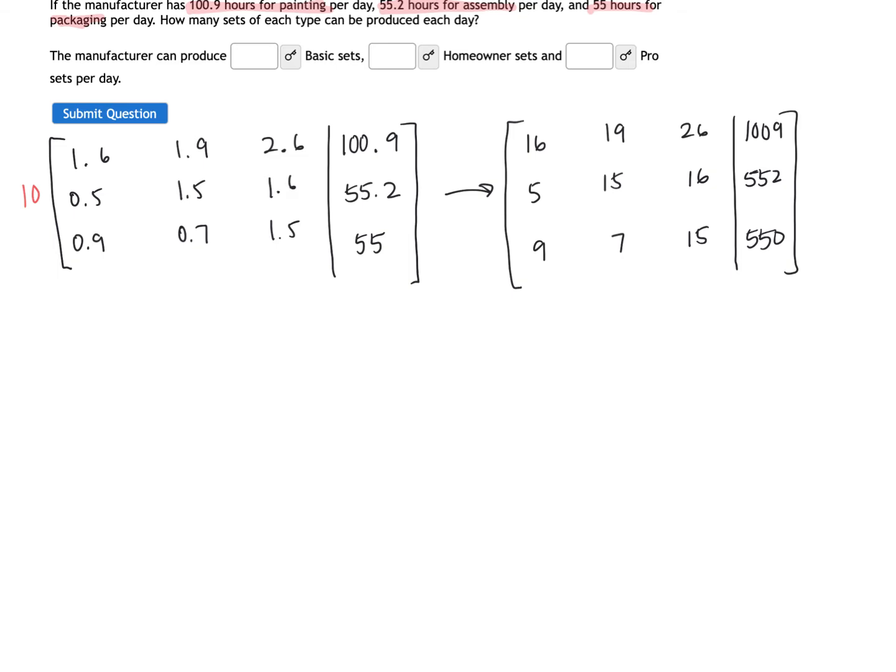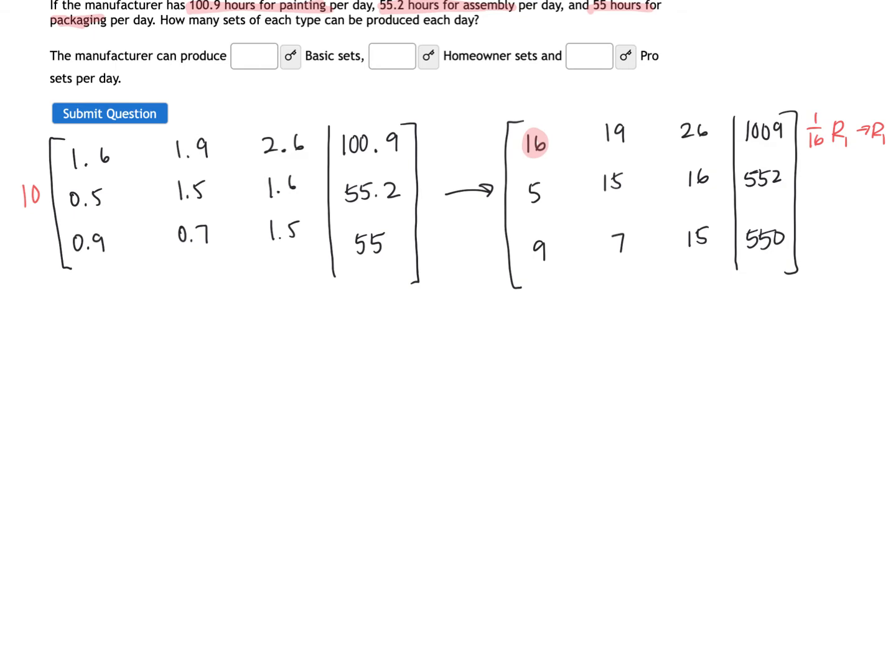First thing, get a 1 in position A11. So that means I'm going to divide everything by 16, or in other words, I'm going to multiply by 1/16. So 1/16 times row 1, replace row 1.